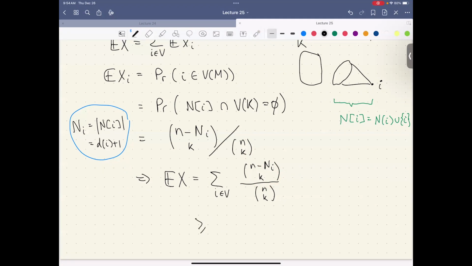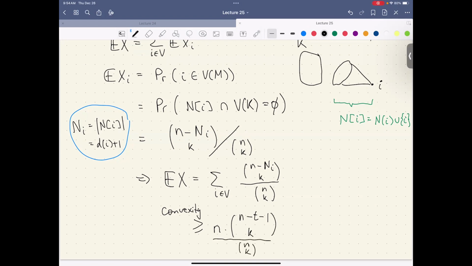So by convexity, this is at least n times the quantity m minus t minus 1, average value, divided by n choose k.